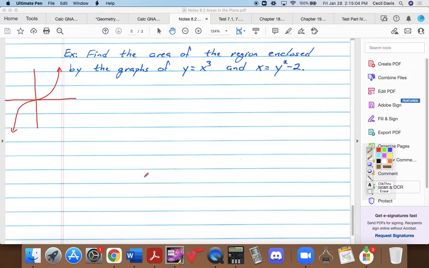And x equals y squared minus 2. So when y is 0, x is negative 2. Somewhere over here. And, oh, yeah, this is going to be a right-facing parabola. So I want the region inside of here.